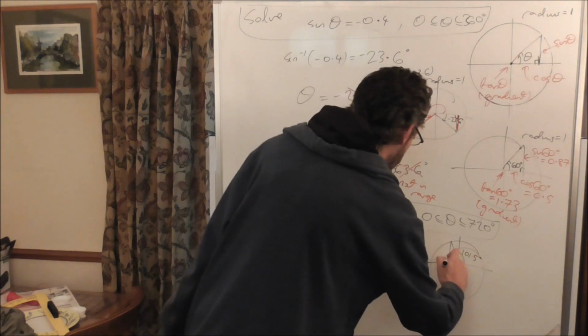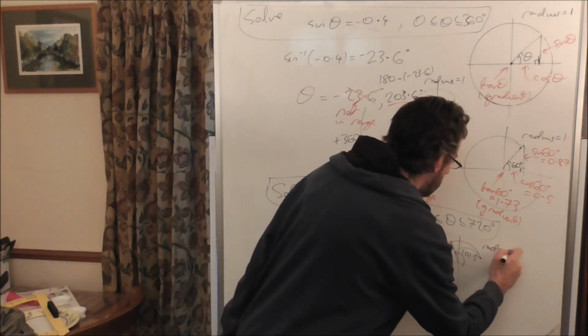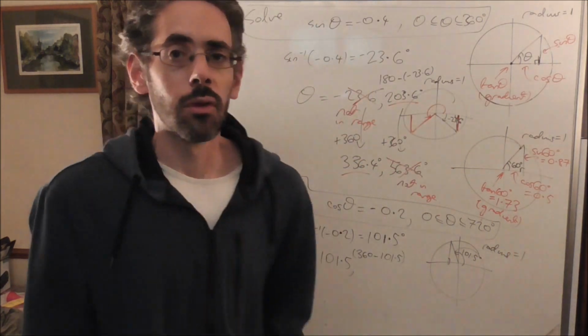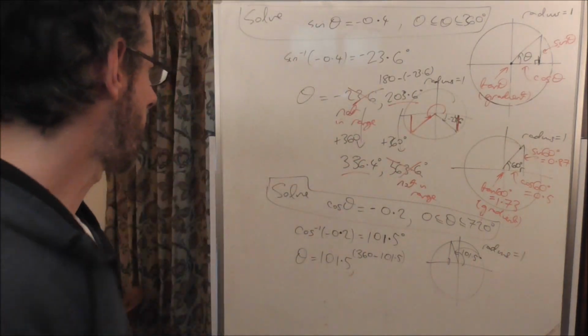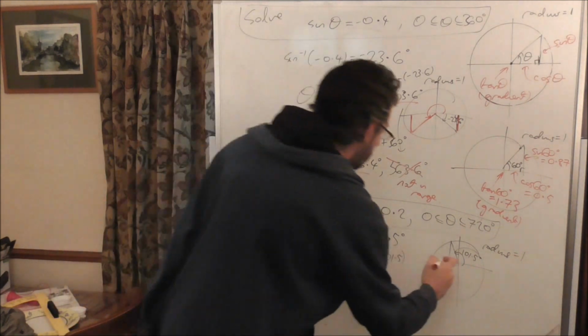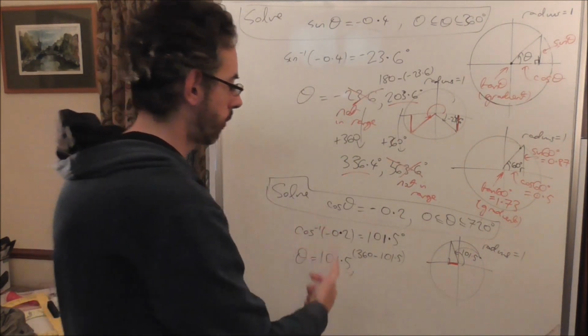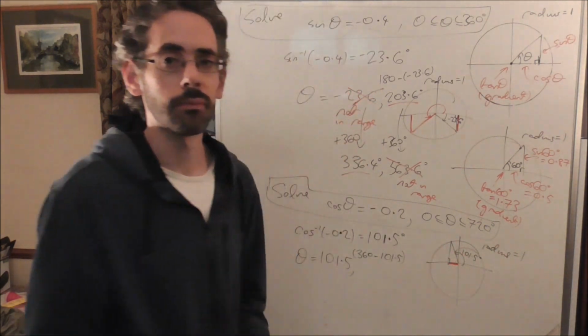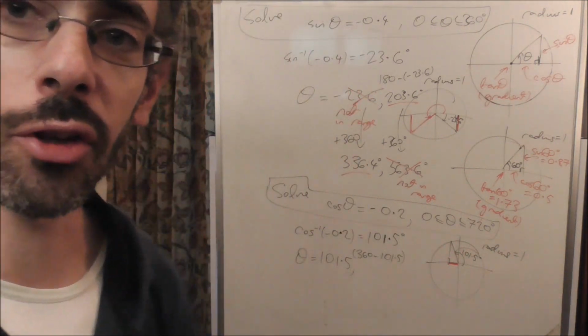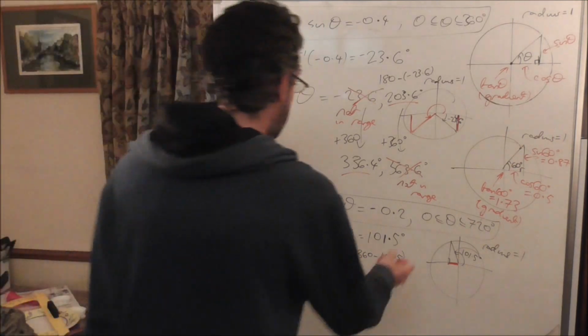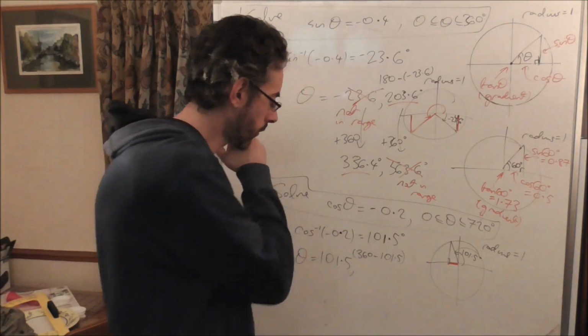If you drop a line down, you get your right angle triangle. Remember, this is a unit circle, radius 1. So this angle has a cos value of minus 0.2, which just means the base is of length 0.2 going to the left. It's minus 0.2. So I need to draw another triangle with the same base if I want to get other angles with the same cos value.